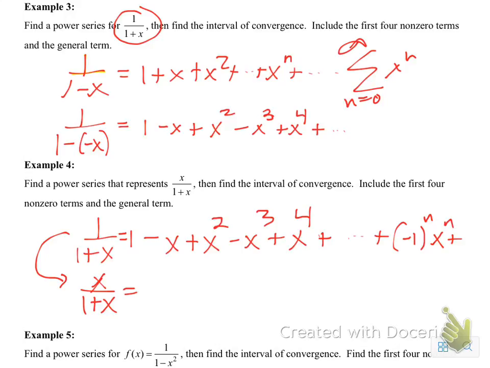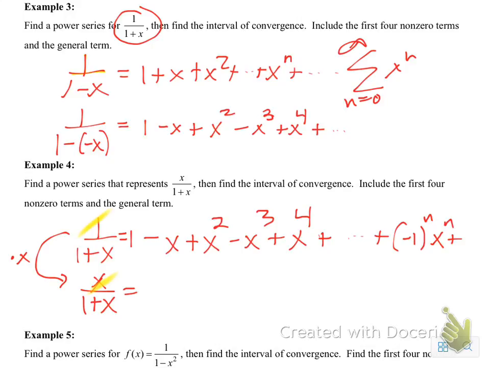How would you go from here to here? Bingo. Multiply by x. Guess I have to write times x. So if you multiply by x, that's the only difference between them.